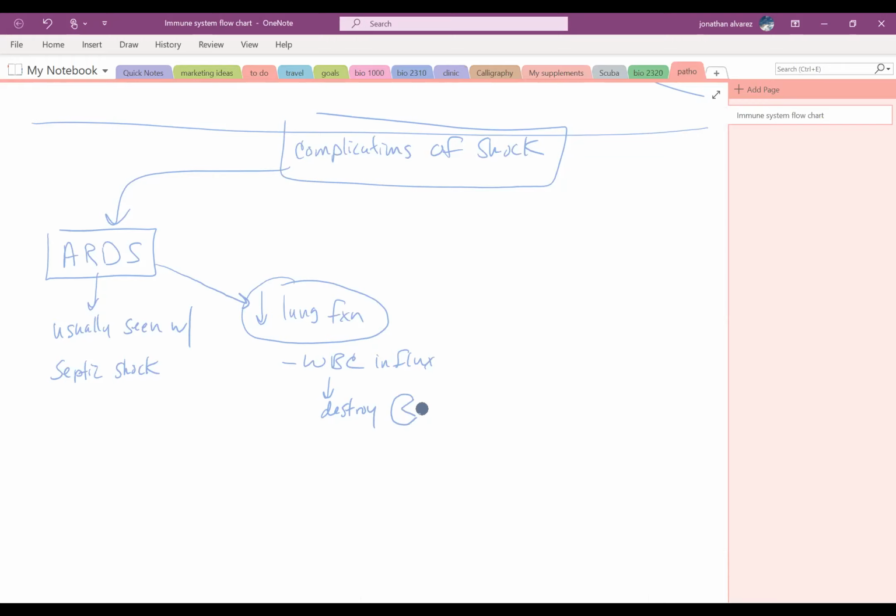But there's byproducts to that. Activation of proteolytic enzymes.